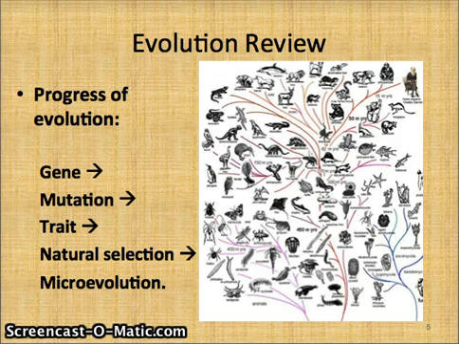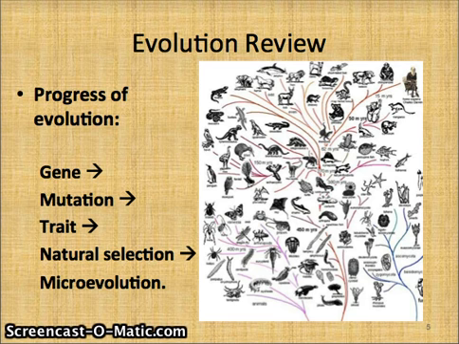That is called natural selection, because nature has selected that trait to survive. Over time, that trait will be the one that you see, and the population will have changed. It will have adapted to its environment, and that is microevolution.